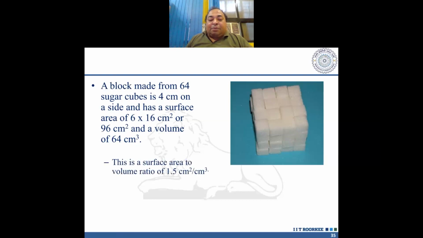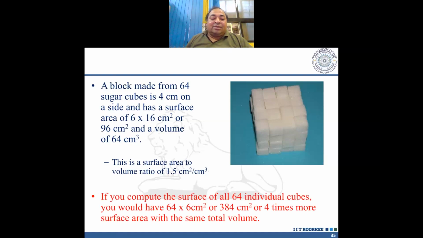This is a surface area to volume ratio of 1.5 centimeter square by centimeter cube. So if you compute the surface of all 64 individual cubes, you would have 64 into 6 centimeter square, or 384 centimeter square, or 4 times more surface area with the same total volume.